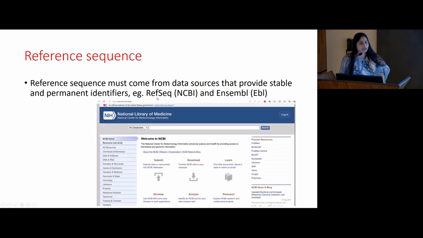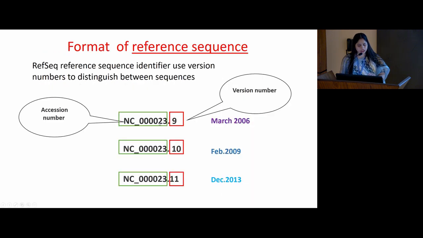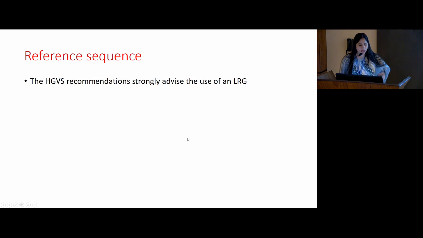It is important to know that in the NCBI-provided RefSeq, there is always a version number also, which is very important. Why? Because the version of the genome gets updated, and according to the updated version, your nucleotide positions may change. So it becomes important to specify the version number also in the genomic coordinate.